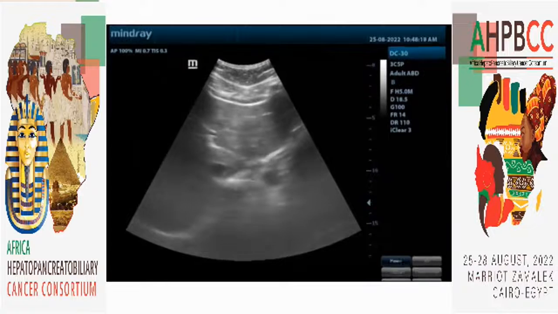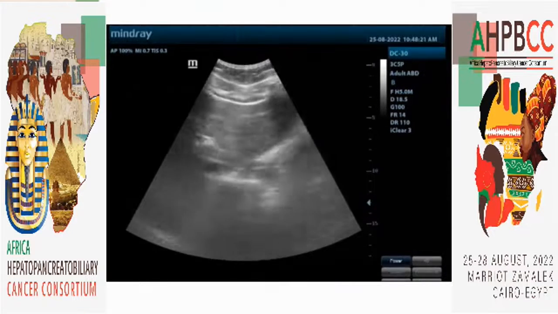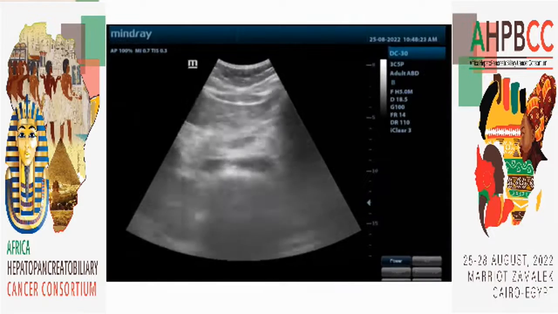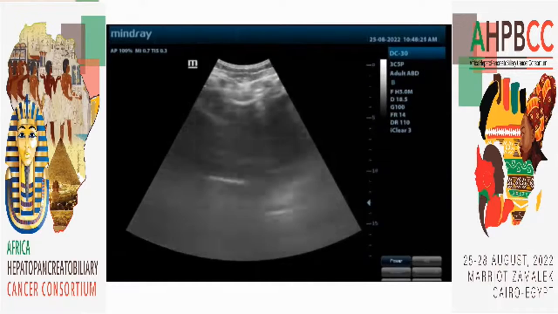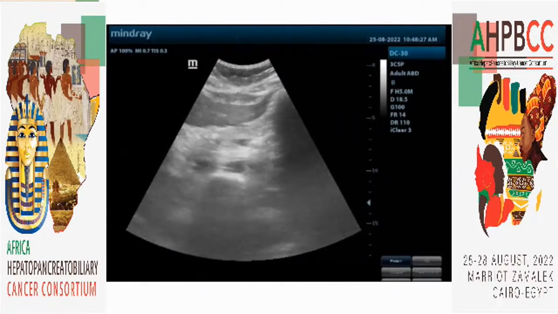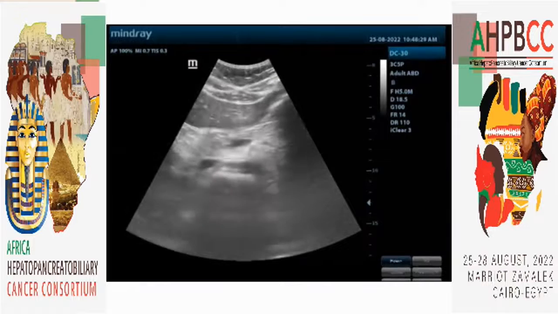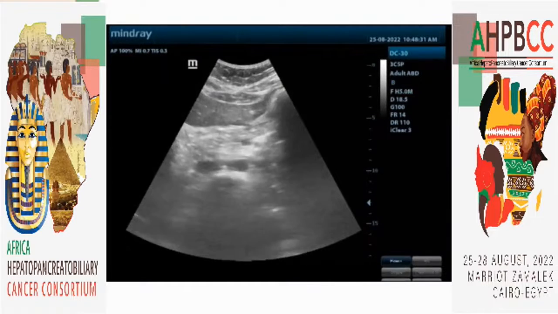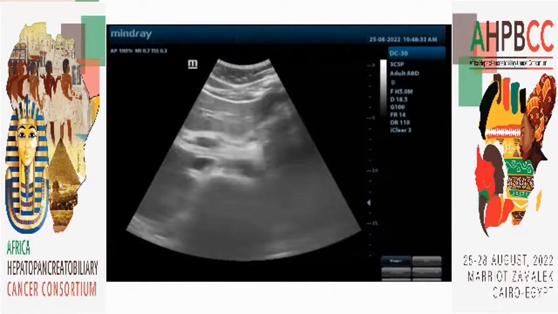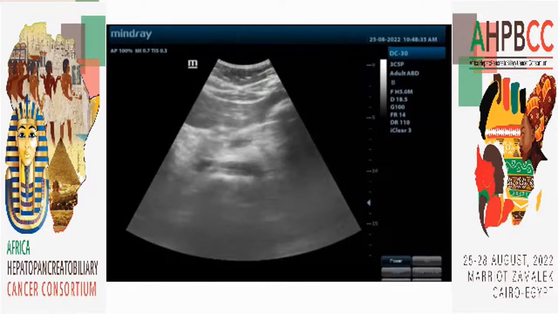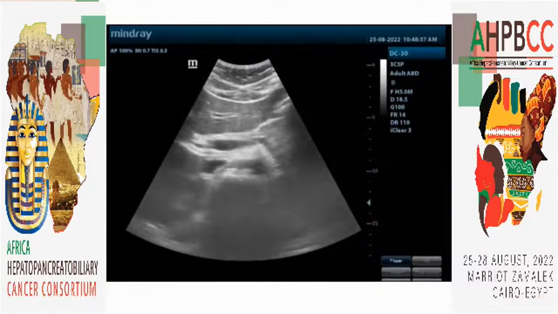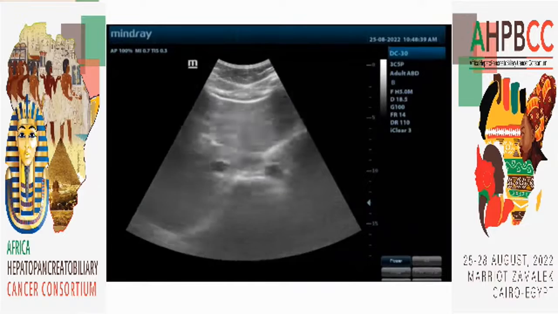You can start longitudinal. Okay, first step. Transverse section in the epigastrium, this is the pancreas. Very good.